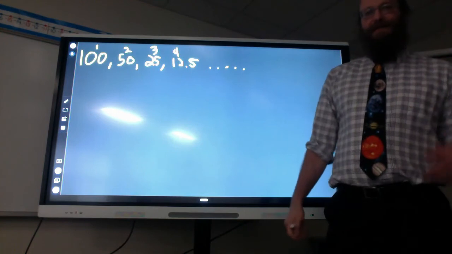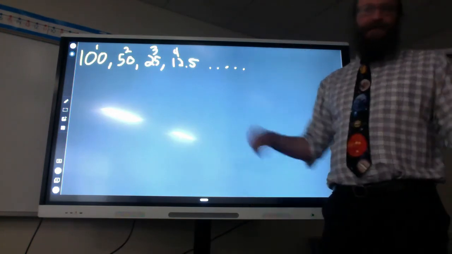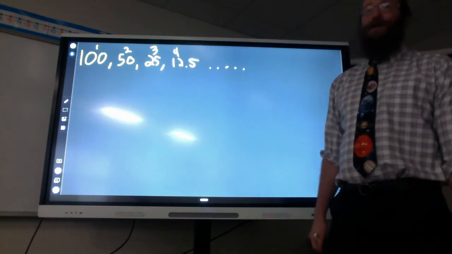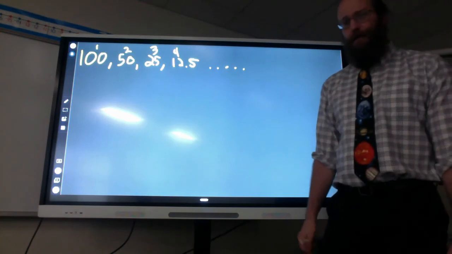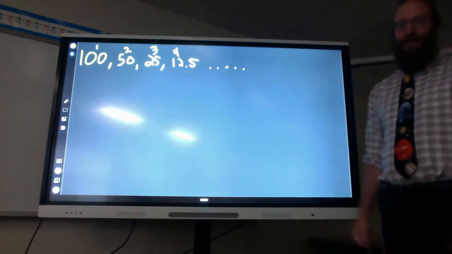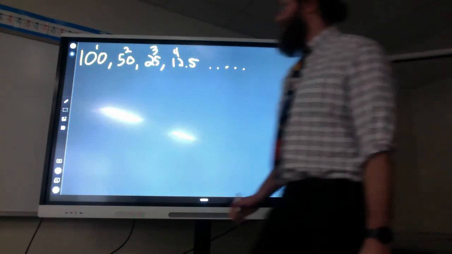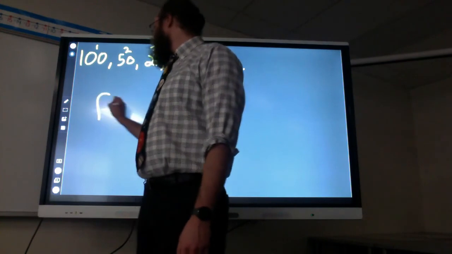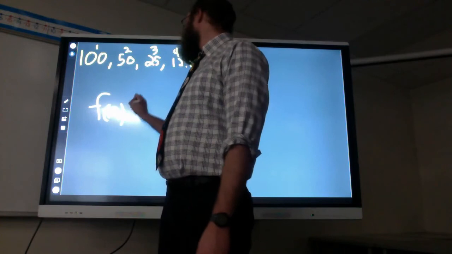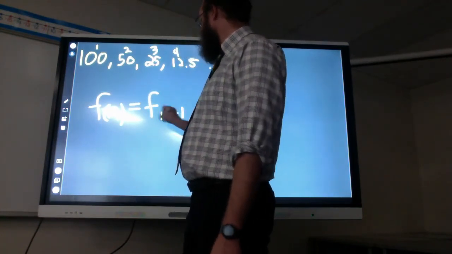So we can see that it's going down by half, right? To go from 100 to 50, we multiply by 1/2. We could also say divide by 2, but as you'll see in the explicit equation, it's much easier to multiply than it is to divide. So our recursive equation for this guy looks like f of n equals f of n minus 1 for the previous step.